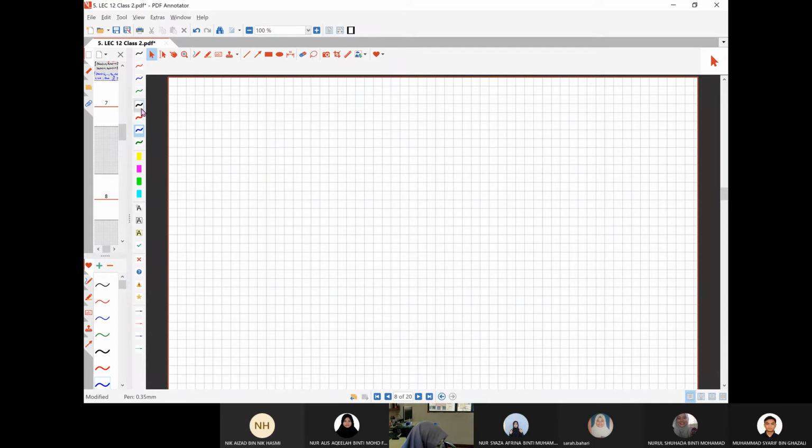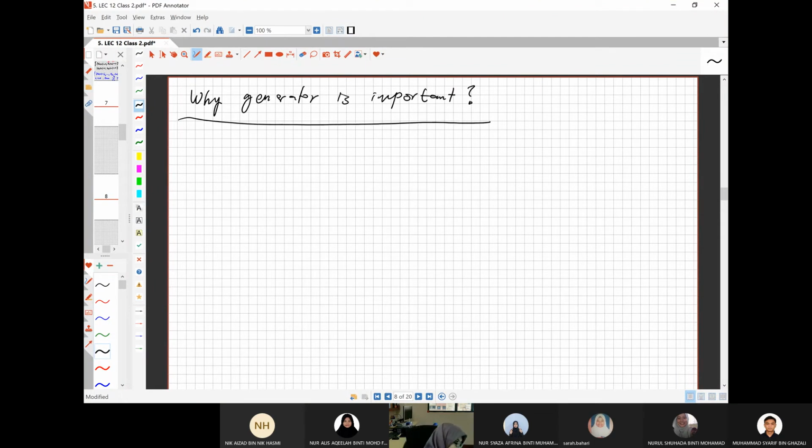Okay, so the question is why is generator important? Because according to our theorem of Kolmogorov-Sinai, just to recall, let T be a measure preserving transformation.